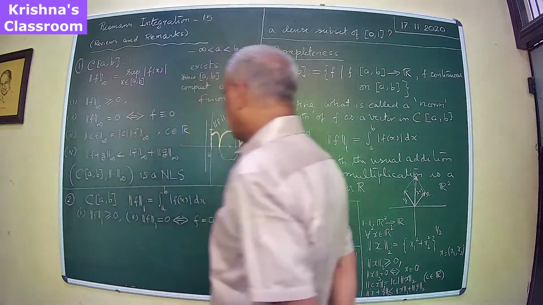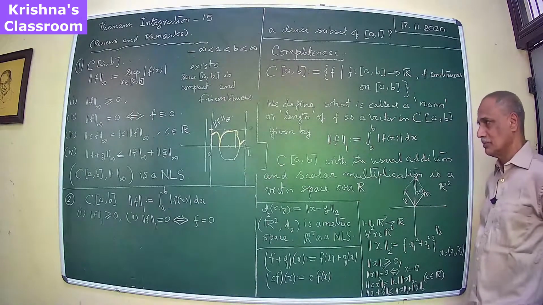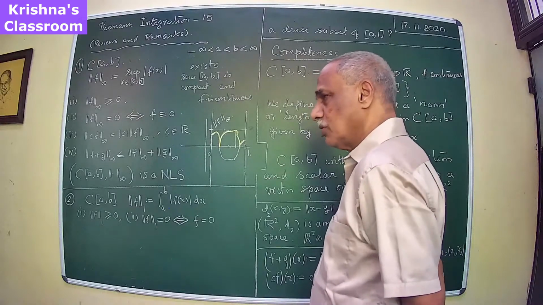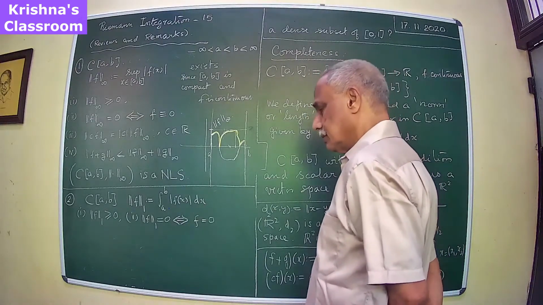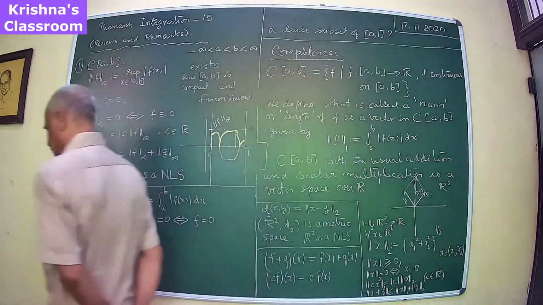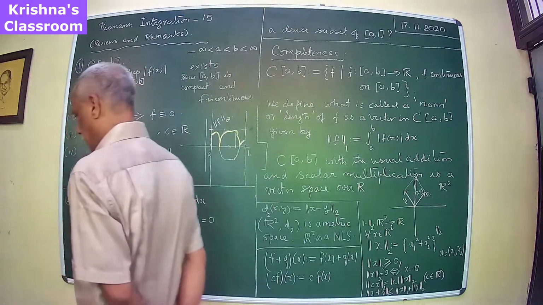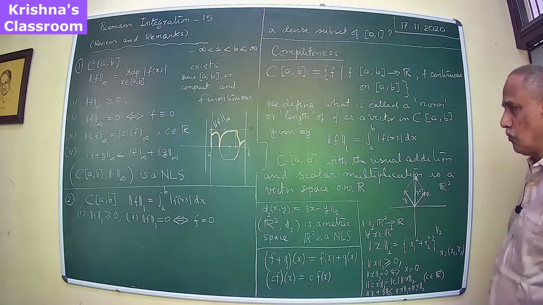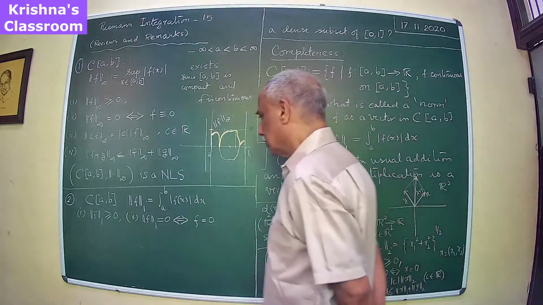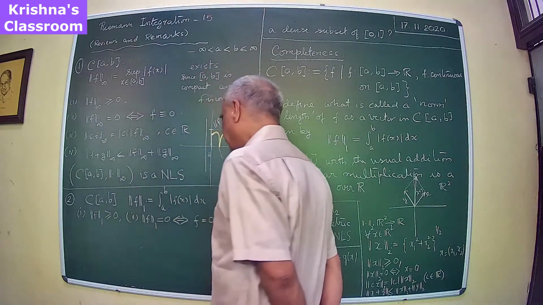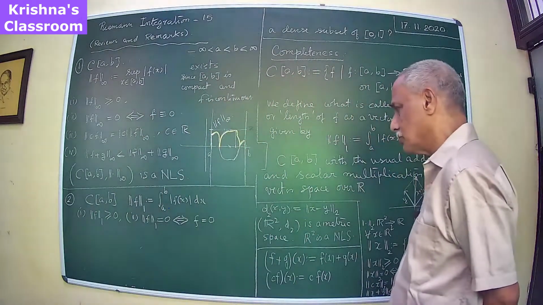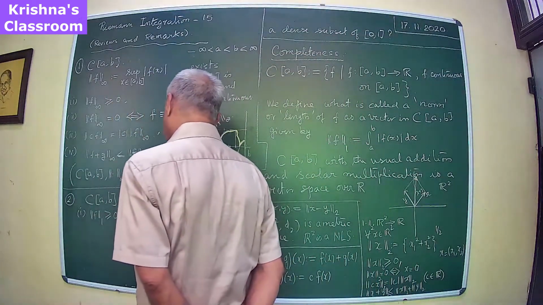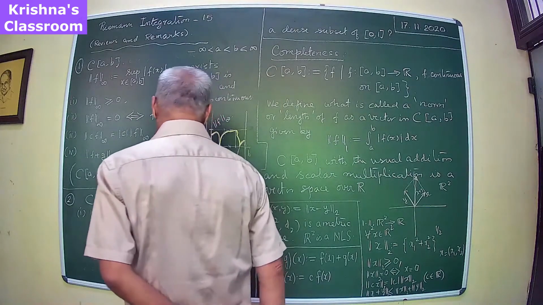Now here the continuity is an important factor. Because |f| is a non-negative function on the interval [a,b], and you know that for any non-negative continuous function on the interval [a,b], the integral from a to b of |f(x)| dx equal to 0 implies f is equal to 0.